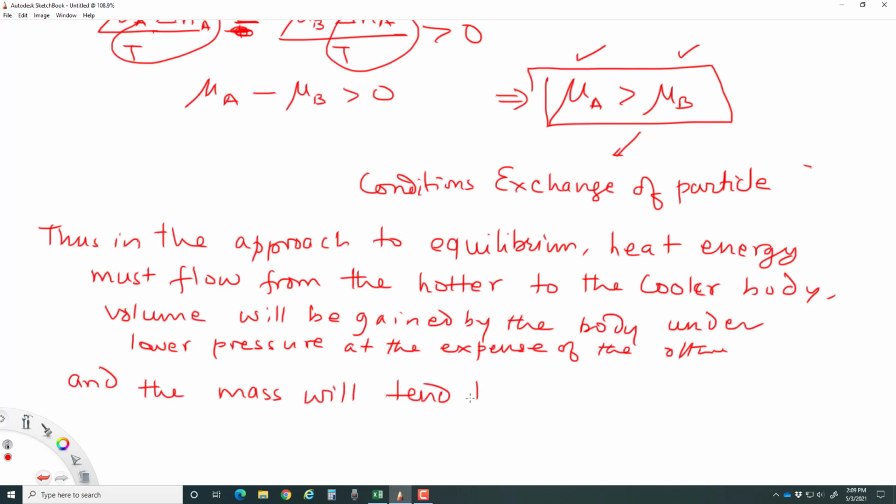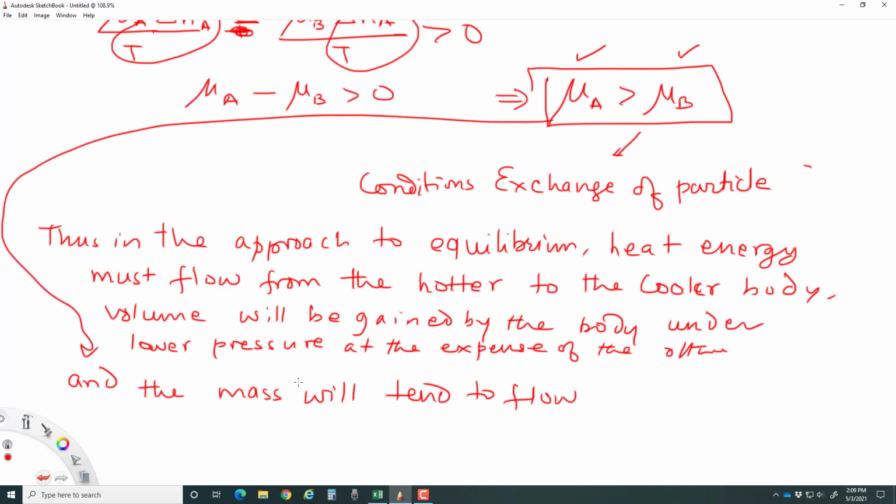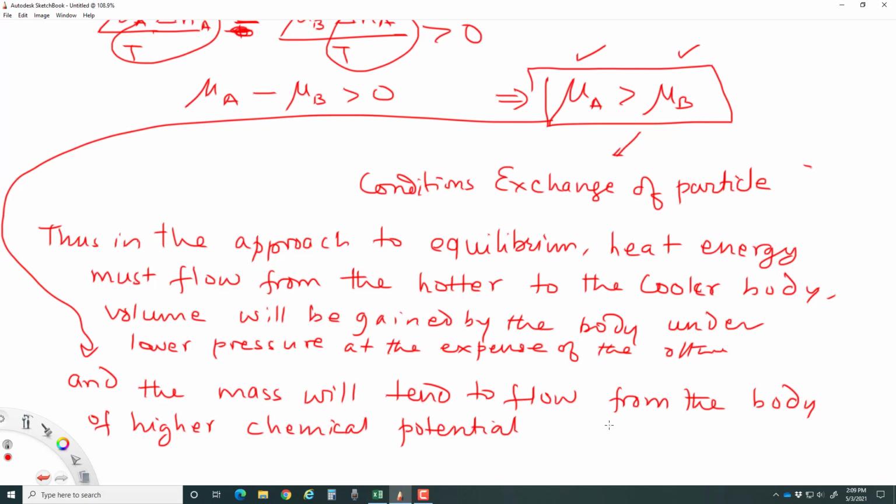Okay, this comes from this fact again, from the body of higher chemical potential towards the one of lower potential.